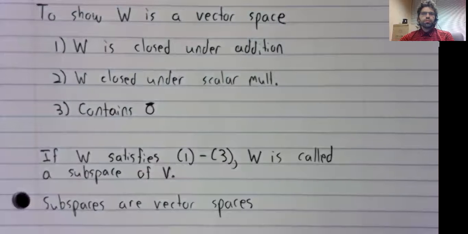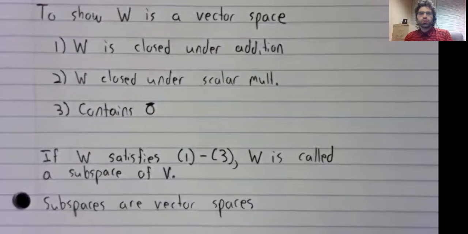So in that previous video, when we wanted to show that the set of continuous functions was a vector space, what we were really doing was showing that it was a subspace of the space of all functions, and then using the fact that subspaces are vector spaces.